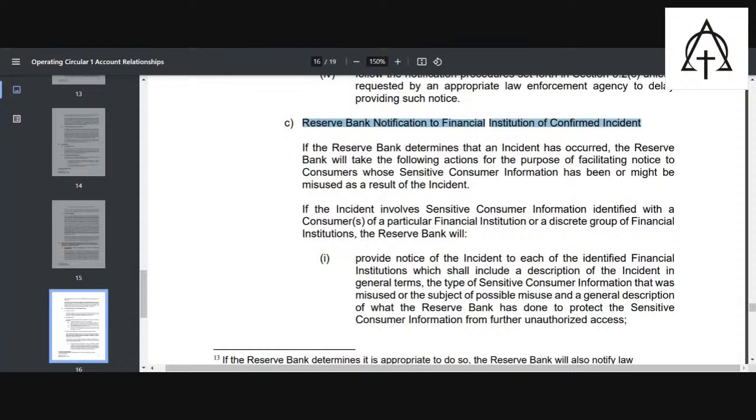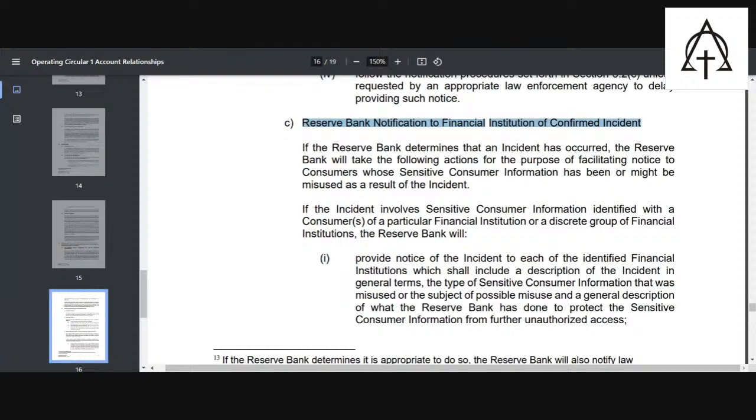If the incident involves sensitive consumer information identified with a consumer of a particular financial institution, or of a discrete group of financial institutions, the Reserve Bank will provide notice of the incident to each of the identified financial institutions, which shall include a description of the incident in general terms.